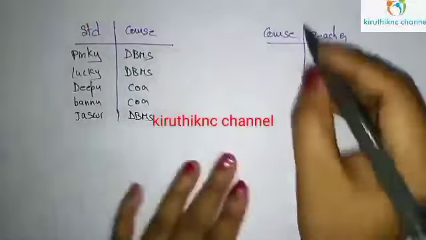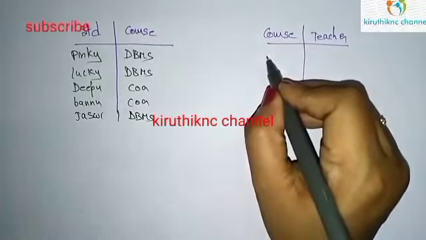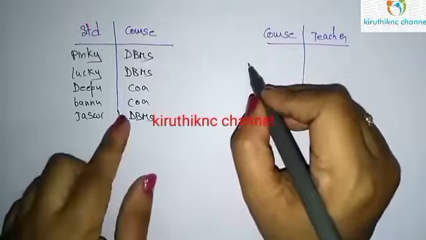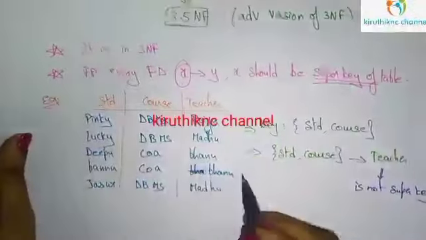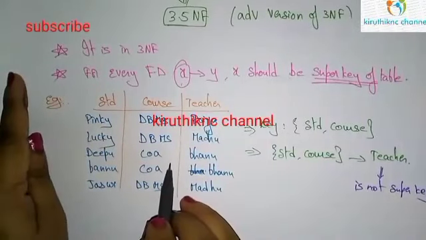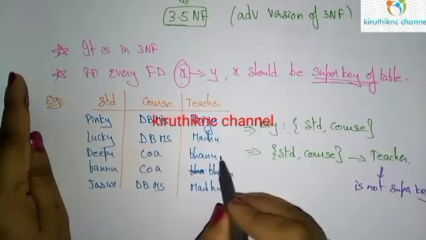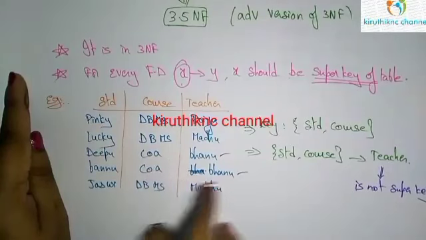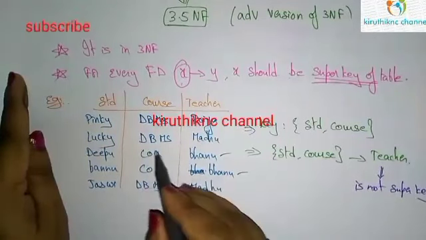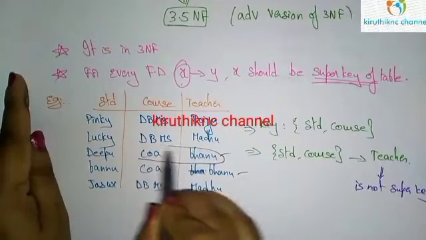Now coming to the other table. Here only the two courses are there. Both COA subjects are taught only by Bhanu, so eliminate the redundant data and take only one value.